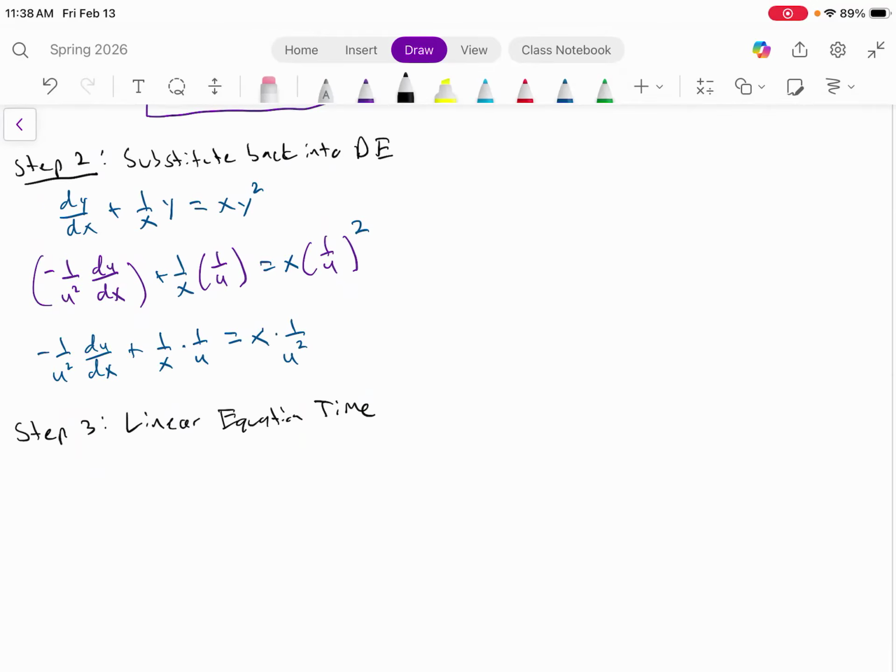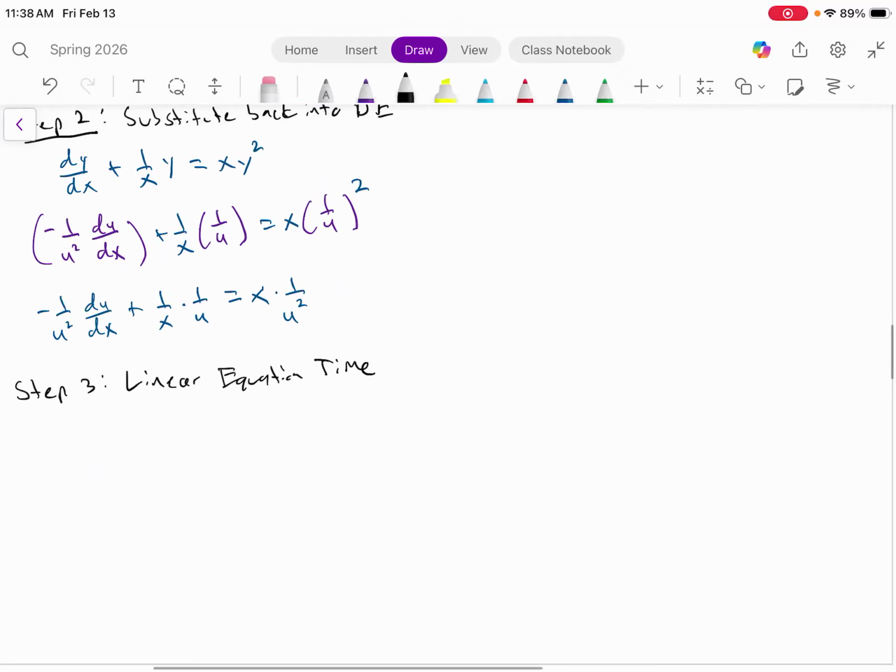Okay, so here I have our differential equation: negative 1 over u squared du over dx plus 1 over x times 1 over u equals x times 1 over u squared. Okay, so linear equations, the first thing we always do, much like we did in step 0 here, is get our derivative naked.